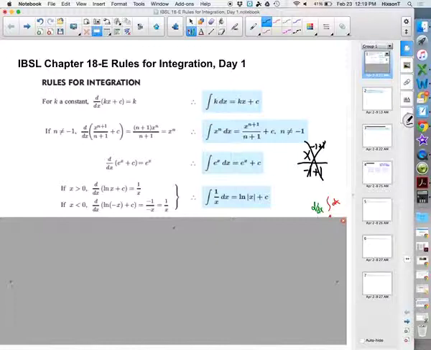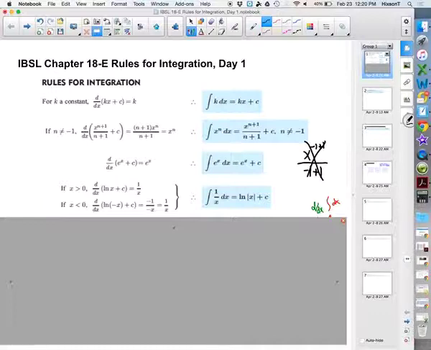So that's why it doesn't matter if x is positive or negative, when you integrate you will still get the same thing. Here, if we're integrating 1 over x, it's going to be the natural log of the absolute value of x. In other words, it's going to get us back to a positive x.